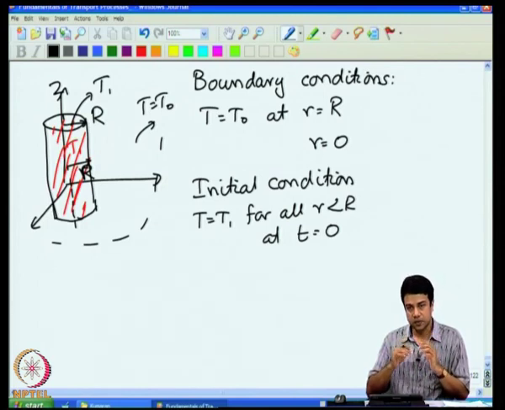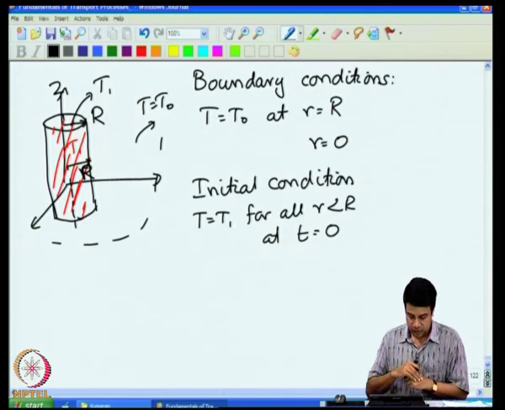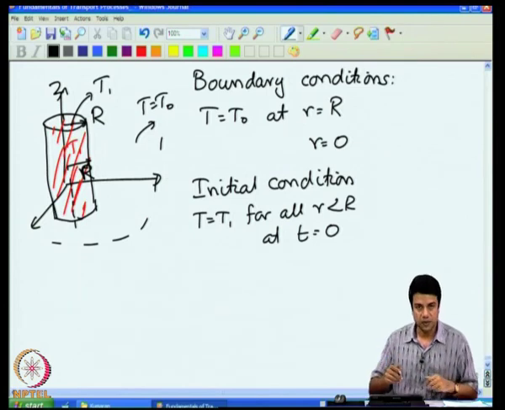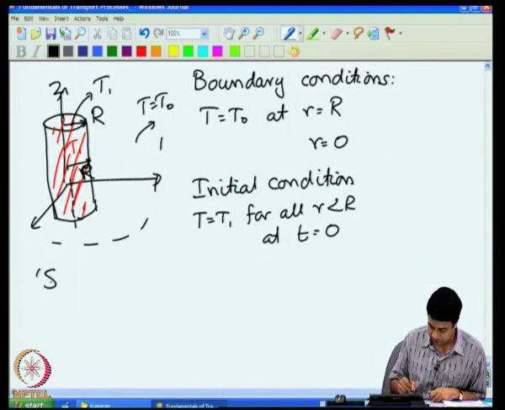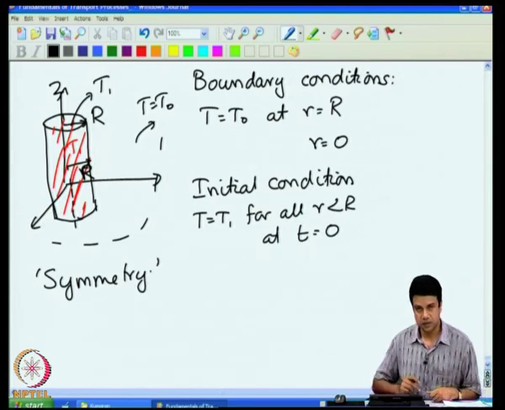It is entirely within the fluid itself. The axis is entirely within the fluid itself. So it is at this boundary, it is not really a boundary, but at this boundary in the r coordinate we enforce what are called symmetry conditions.